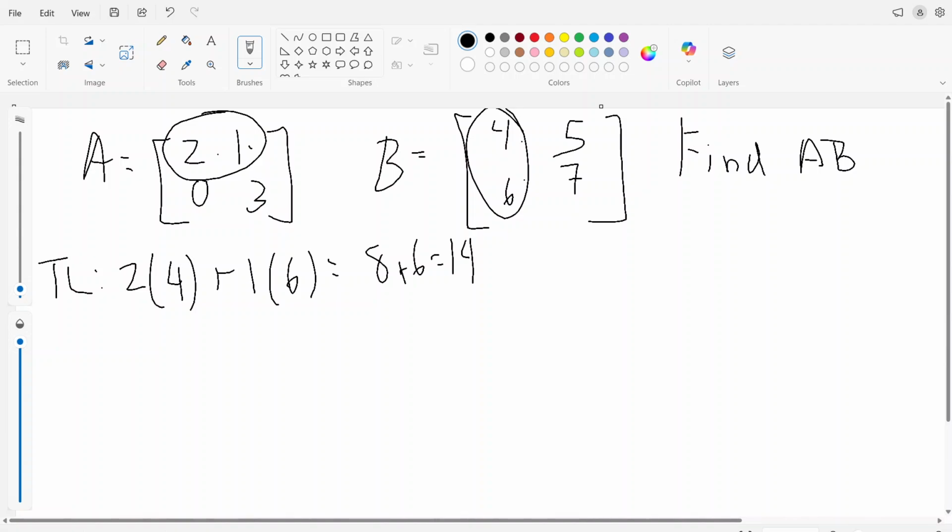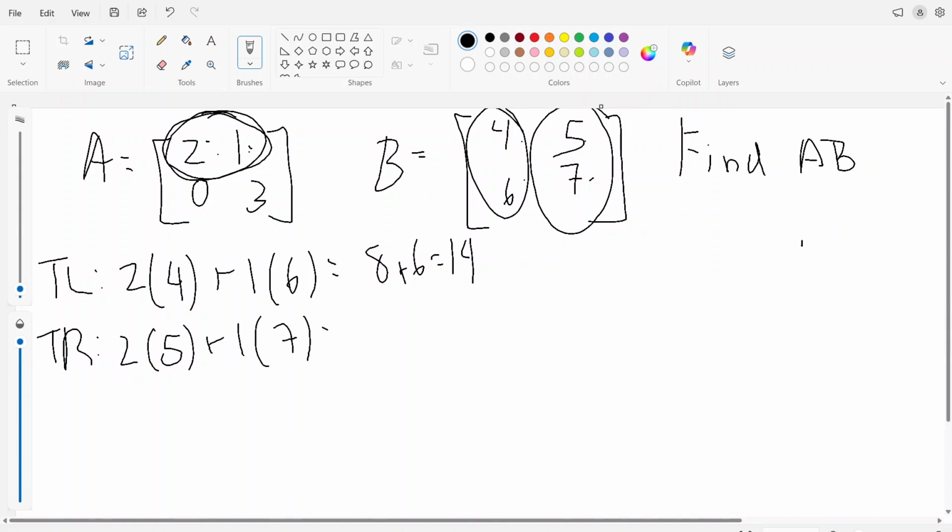Now top left is done, we move to top right. Because we're still dealing with our top, we're still going to take the first row and then the second column. So 2 times 5 plus 1 times 7. Then this will be 10 plus 7, which will equal 17.